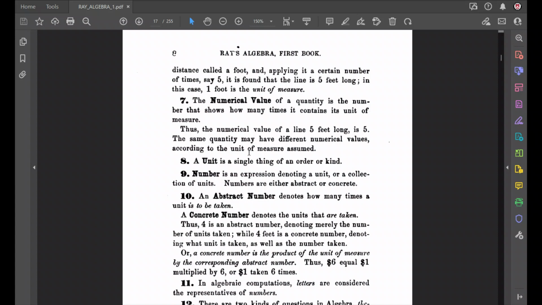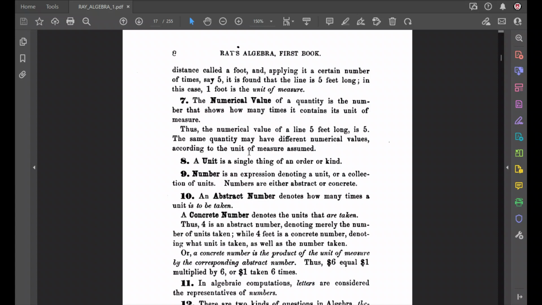And we learned that a number is an expression denoting a unit or collection of units in a quantity. So a number expresses the number of units present in a quantity. We learned that there are two kinds of number, abstract number and concrete number. Concrete number includes the unit of measure. Abstract number is a number with no reference to a unit.